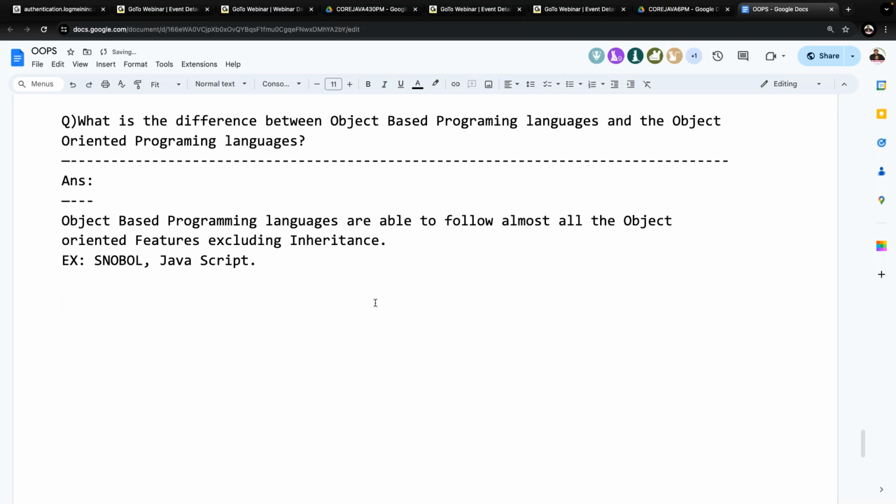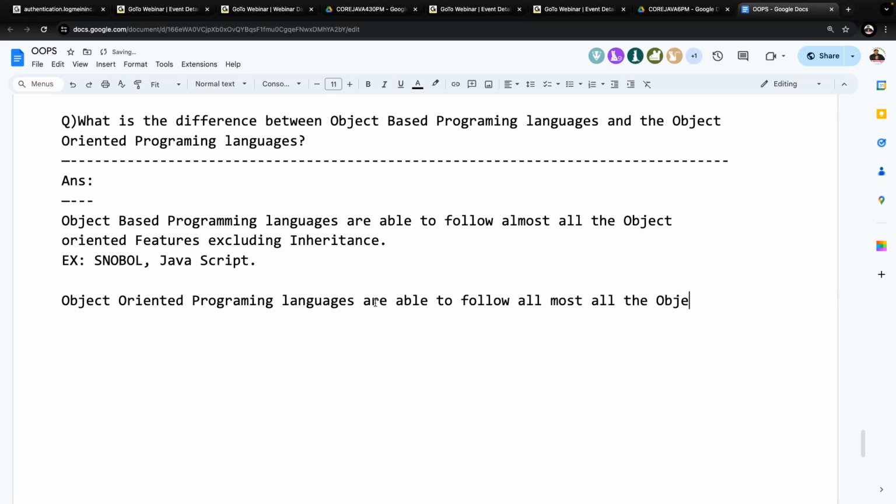But what about object oriented programming languages? Object oriented programming languages are able to follow almost all the object oriented features, including inheritance.